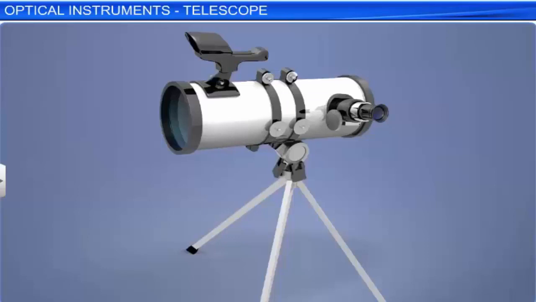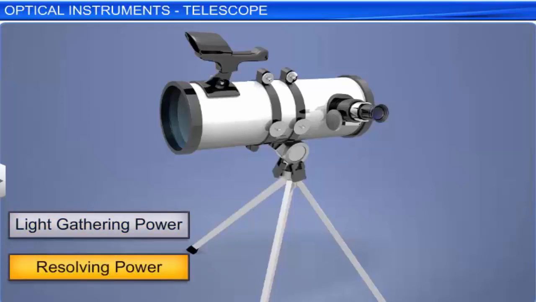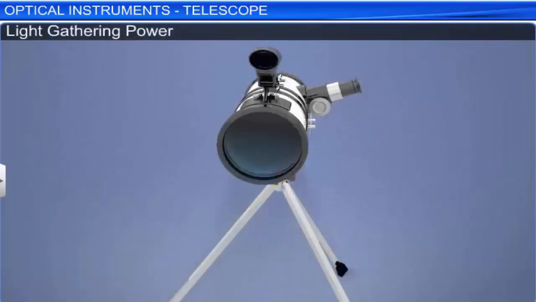The main considerations of a telescope are its light gathering power and its resolving power. Light gathering power of a telescope depends on the size of the objective. If the size of the objective is large, then it can collect more light, and as a result, fainter objects can also be observed.